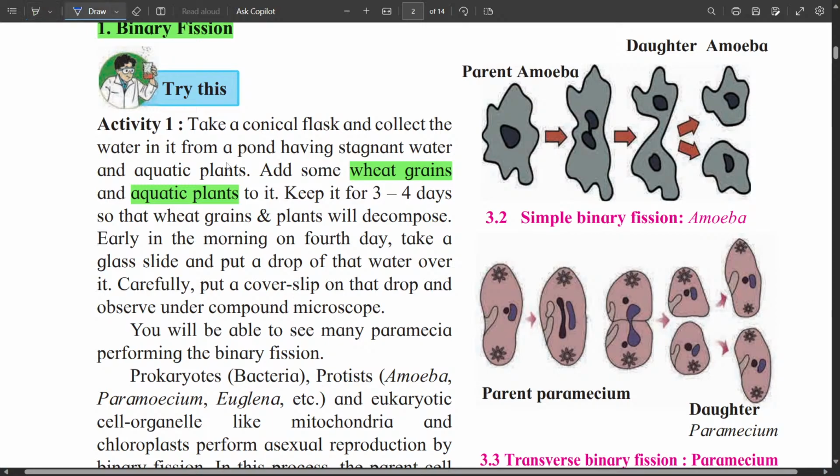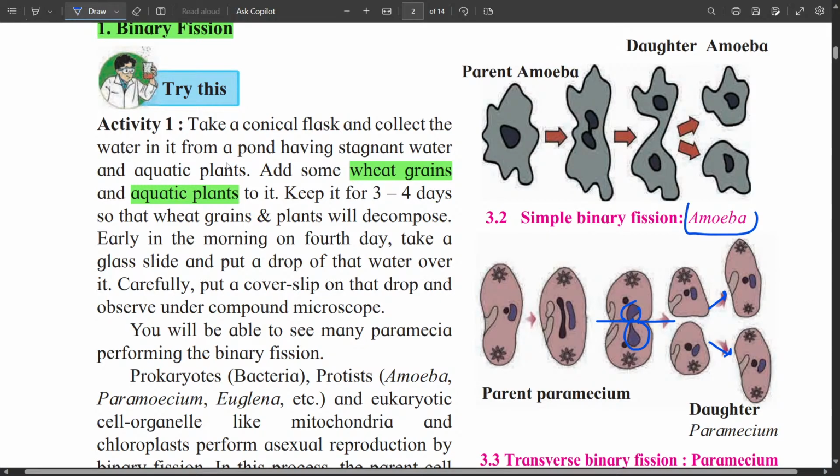Here you can see that there is a transverse axis, and along the transverse axis the paramecium cell is divided into two cells. First the nucleus is divided, followed by the cytoplasm division, and hence two paramecia are formed. So this is binary fission. A similar kind of binary fission also occurs in amoeba.